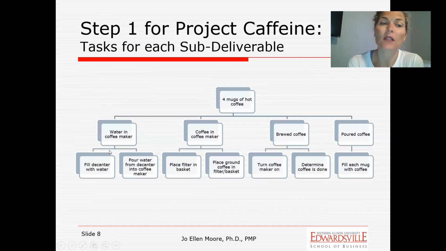And each sub-deliverable has the different tasks that need to be accomplished in order to complete it. I complete these 2 things, that means this is done, and we're 1 step closer to completing our project. Again, complete these 2 things, that sub-deliverable is completed, and now it looks like we're about halfway done with being able to accomplish our project.